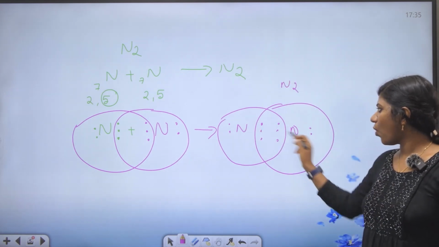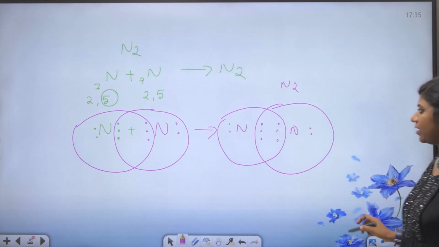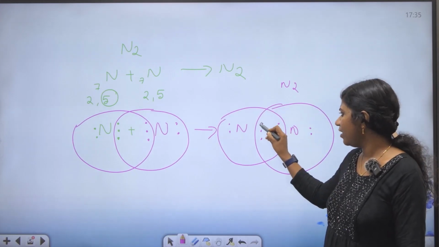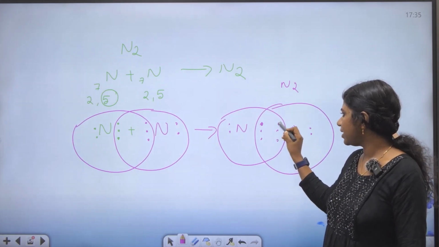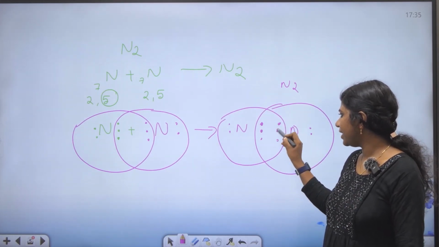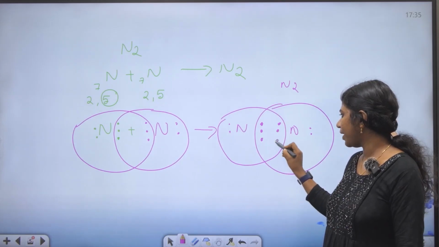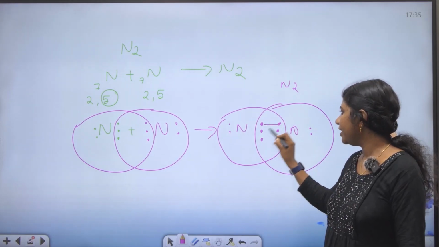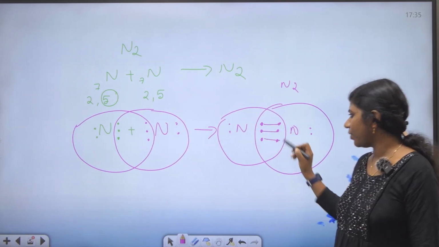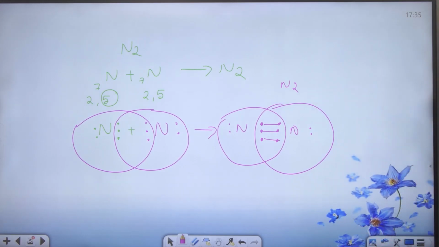Here the bond between 2 nitrogen atoms is 3. That means it shares 3 pairs of electrons, or 6 electrons.